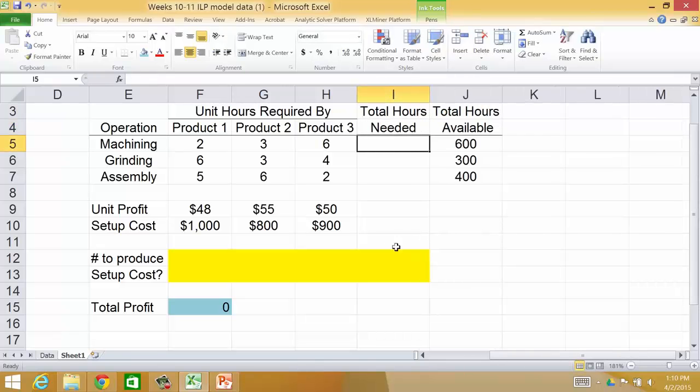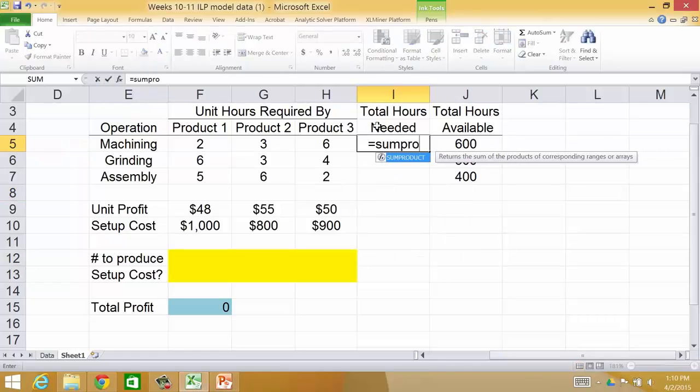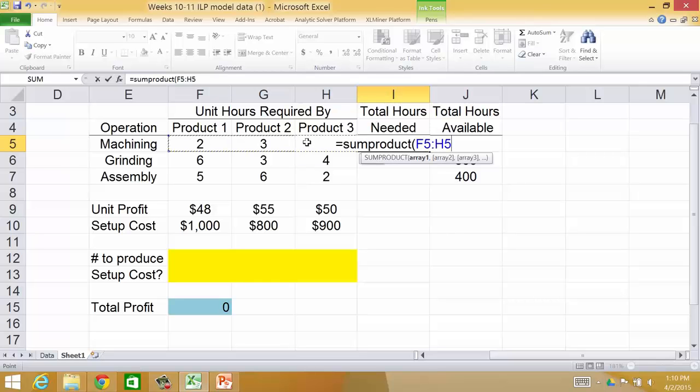Okay, and I'll clear the shading here. The total hours needed will be sum product of the unit resource requirements and our xi's. Later I want to copy this formula down, and I don't want this row to shift, so I'm going to put the $ sign before the row number here.